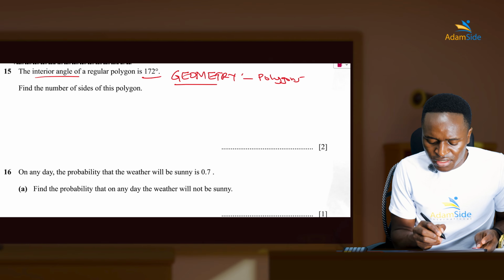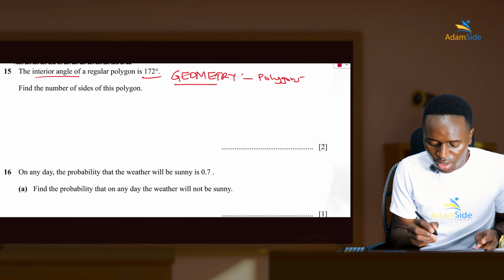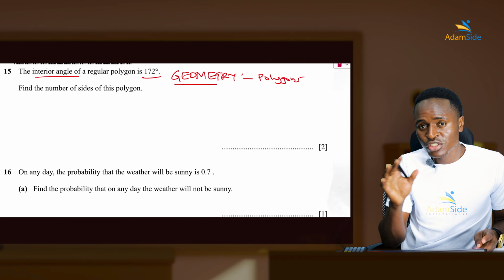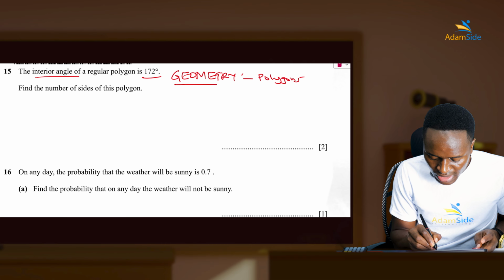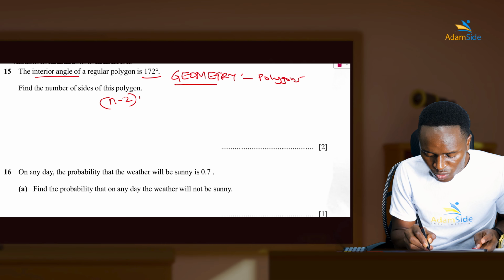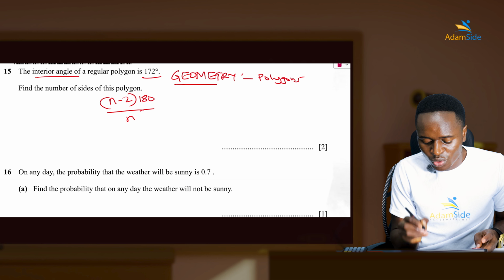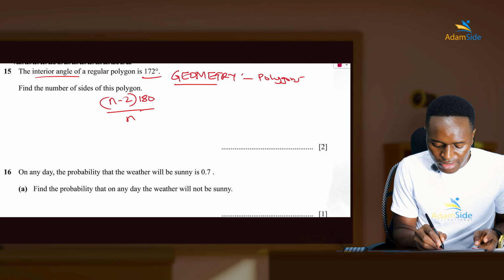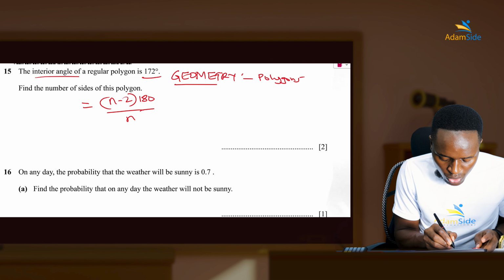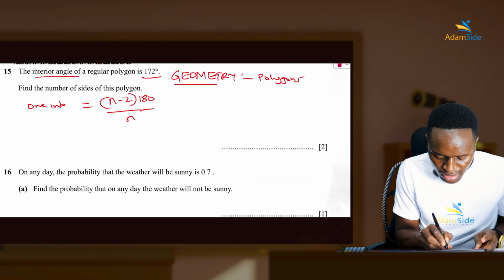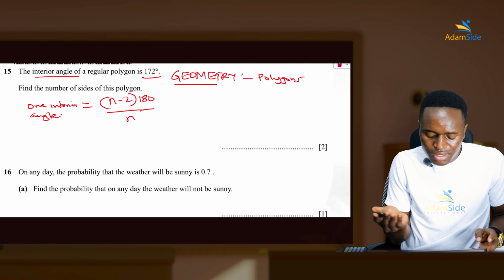So it's easy. To find an interior angle, you take the sum of the total, which is always n minus 2 times 180, divided by the number of sides. You get the size of one interior angle. So it's very simple.